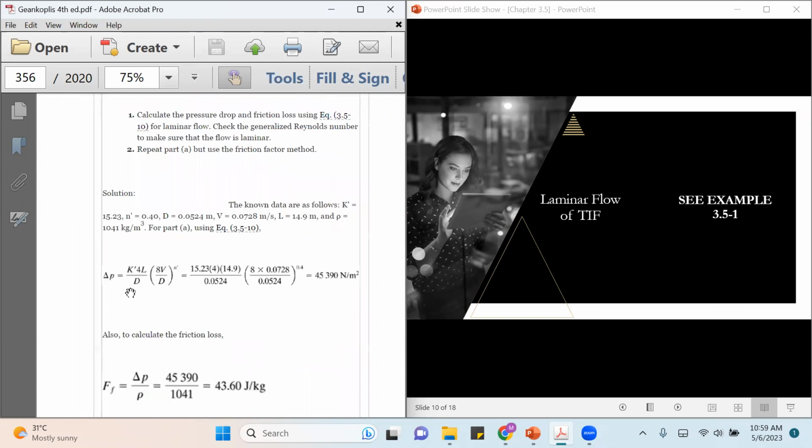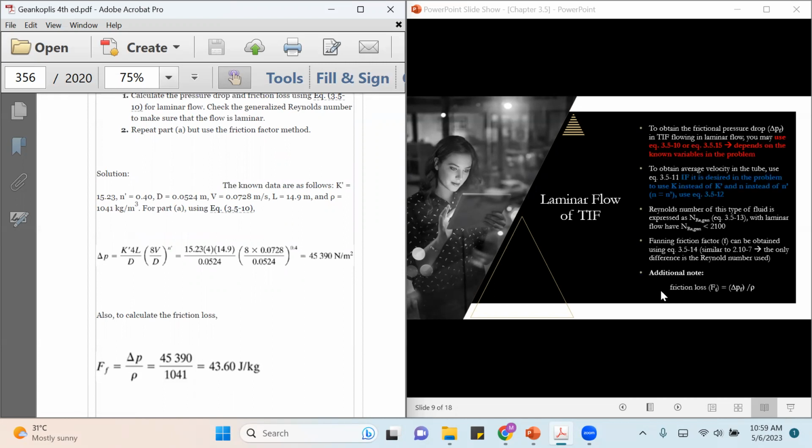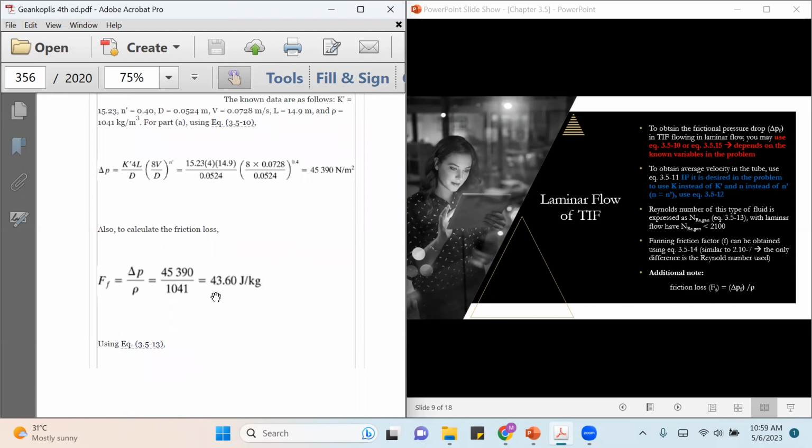So I use equation 10 here. I know the K, n, V, D, and L. So we put all of that in, then we get 45,000 something. This is the delta P, and the FF, or friction loss, is delta P over density, as I said previously. So I divide the delta P by density, and I know the FF.